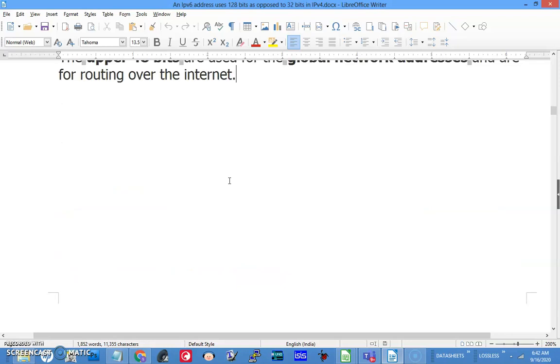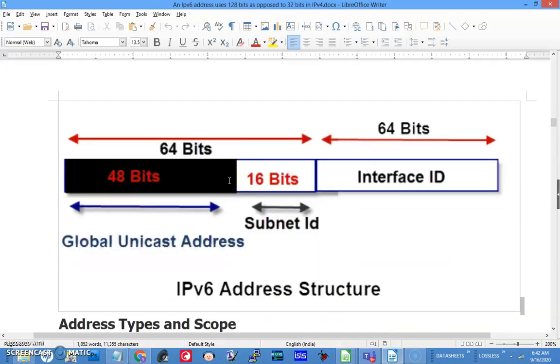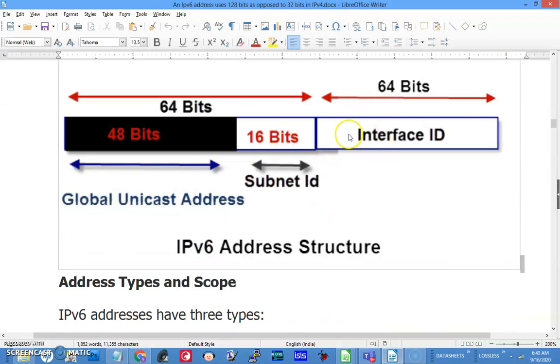We will be using them extensively in our coming lectures. So the lower 64 bits, primarily derived from the 48-bit MAC address, form the interface ID. In the upper 64 bits, the 16 bits will be used for subnetting, maybe within the organization, and the 48 bits are your global unicast address, which is going to be unique.